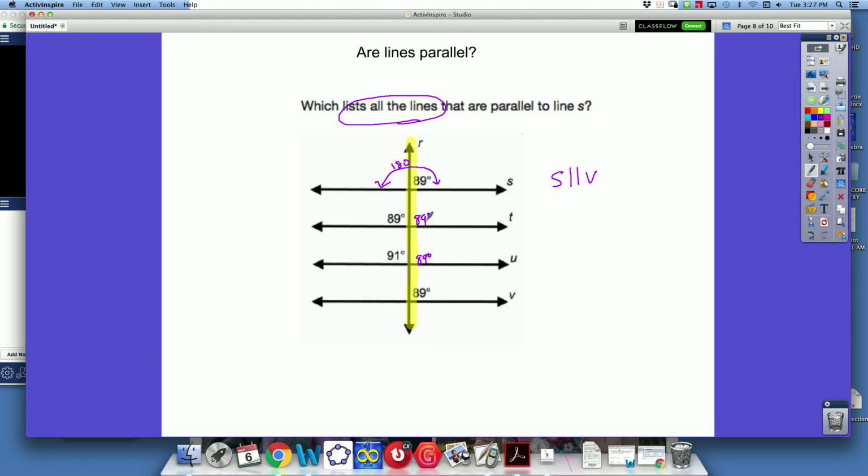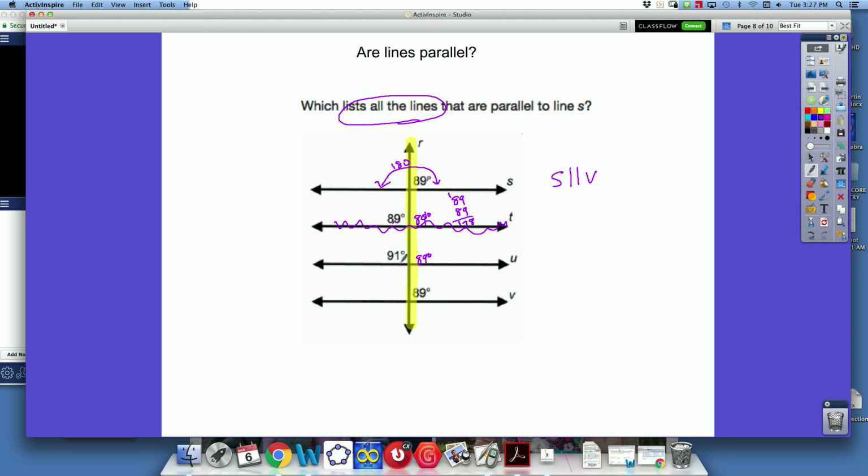So if I go down and check, in order for this to be 89, if I add 89 and 89 together, that gives us 178. So that does not equal 180, so that means line T is eliminated. They tried tricking you by putting the 89 there, but we can just ignore that because we know that's not corresponding.